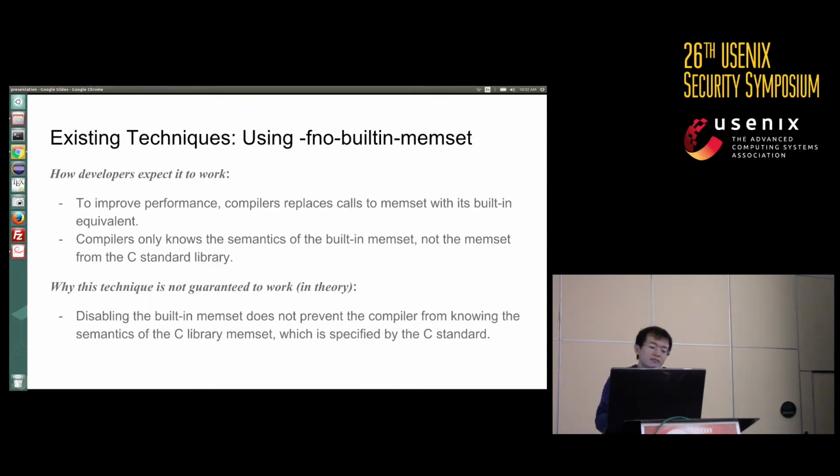And some developers believe that compilers only know the semantics of the built-in memset, not the C library memset. However, this thinking is flawed because the semantics of the C library memset is decided by the C standard, and there's nothing preventing the compiler from knowing the semantics of this function.